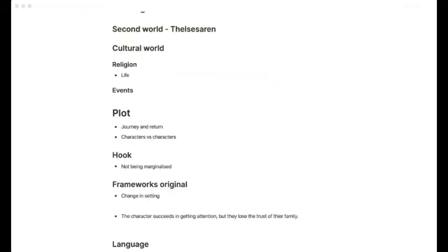So you've got to think about the problem that happens in the first act. For example, the problem that happens in Aragon is the Razak are trying to kill him.